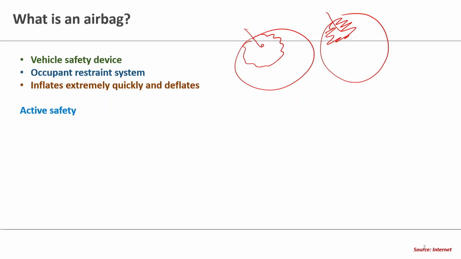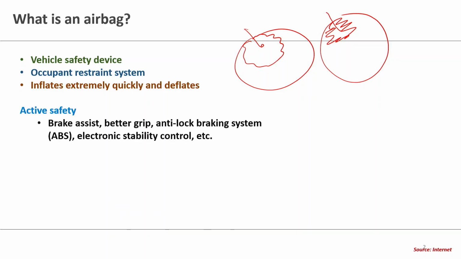The active safeties are the brake assistant, so it is a brake system, for better grip, anti-lock braking system, electronic stability control, etc. These are the active safety.